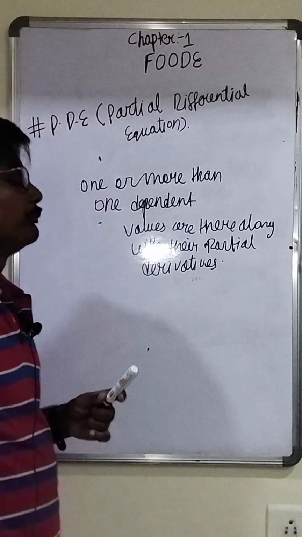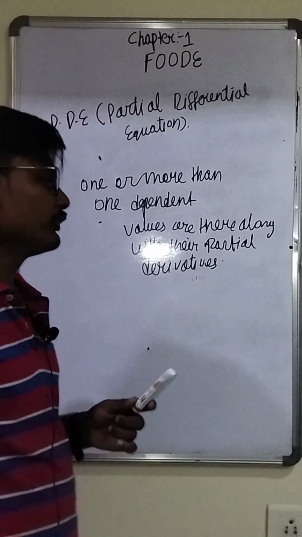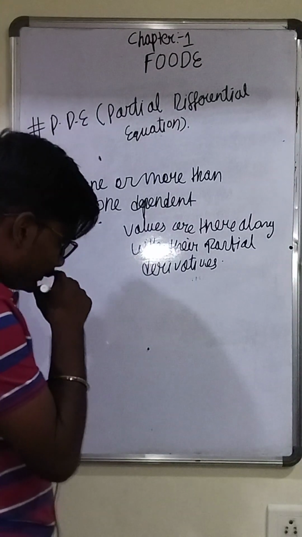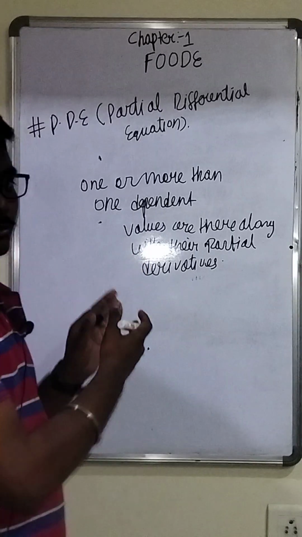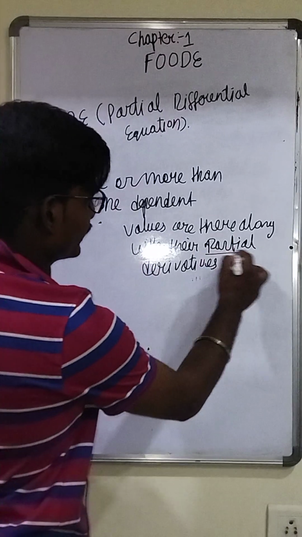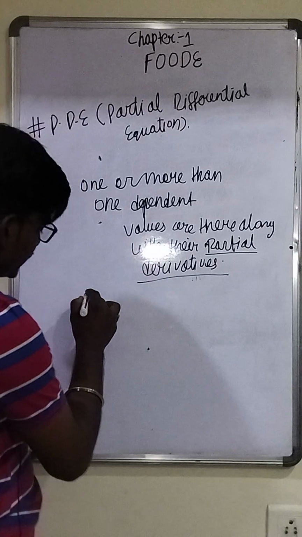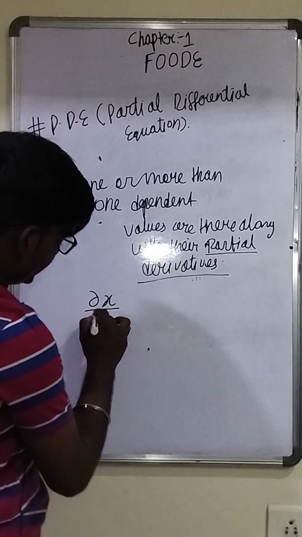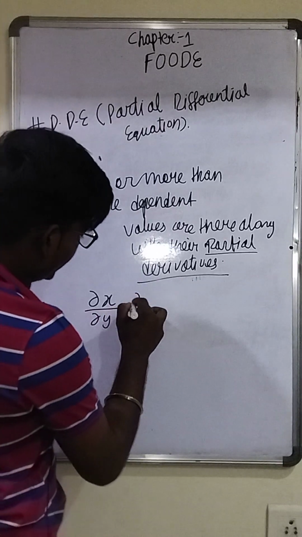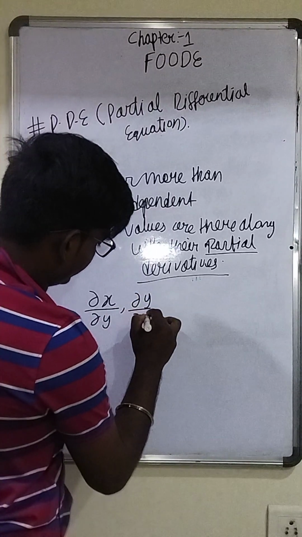We will see partial derivatives later because it is an important part. Not teaching with respect to M2, I am just saying what partial derivatives are. This is the sign of partial derivatives, del x by del y or del y by del x.